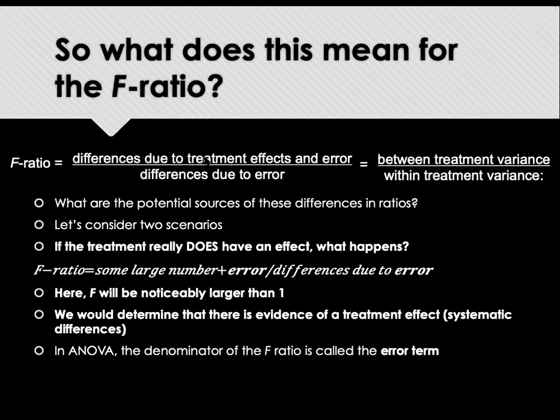If you do the math, 25 plus 2 divided by 2 is going to give you a value much larger than 1, right? And if that's the case, you would determine that there is evidence of a treatment effect, that there are systematic differences between the groups, and we would reject the null hypothesis.